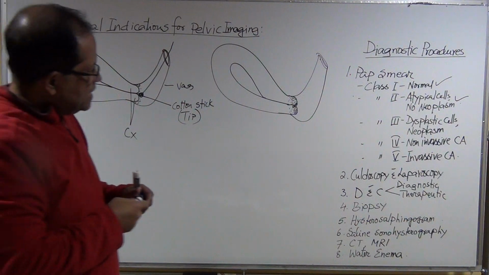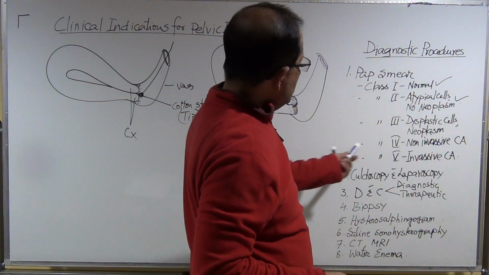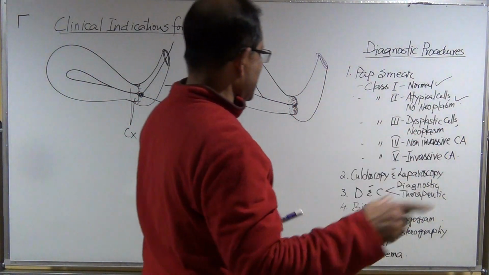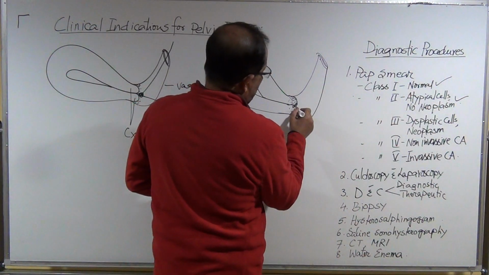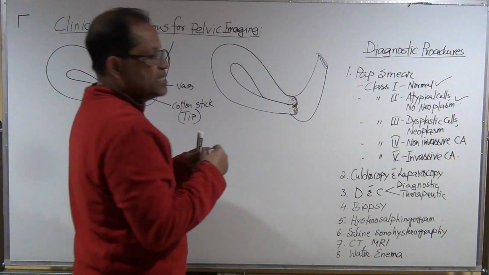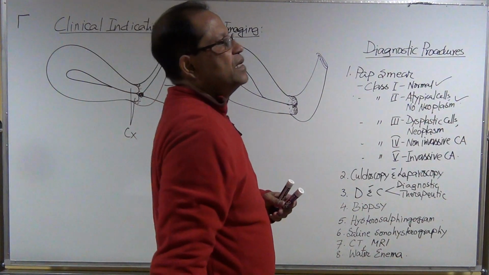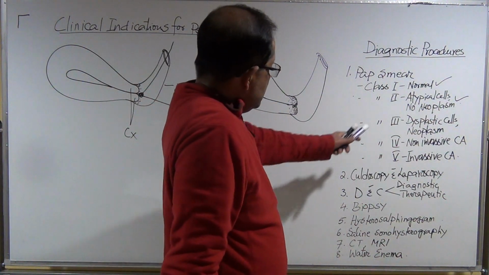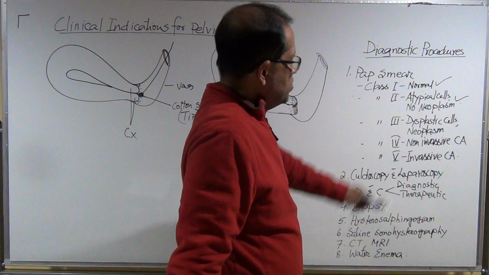Okay, the cervix looks like that. And when you find there are dysplastic cells, then you need to understand that something is growing inside the cervix. Okay, and that is stage 3.